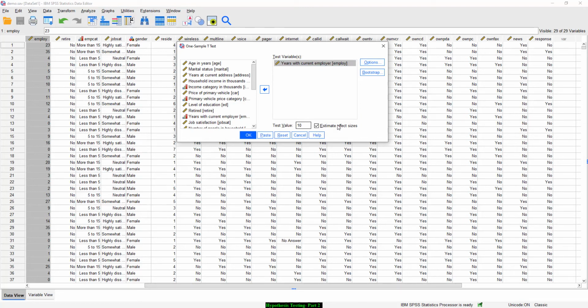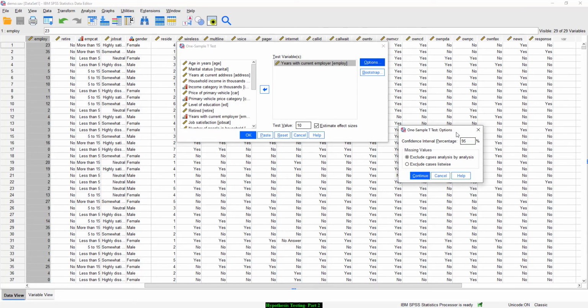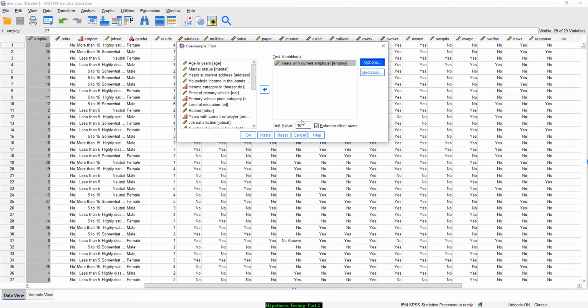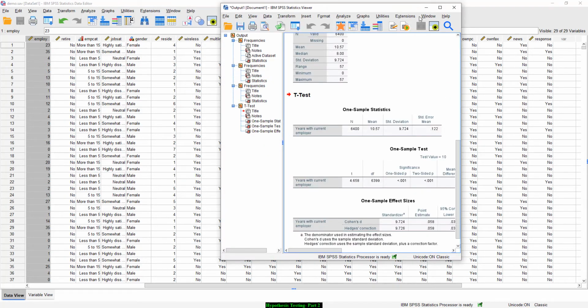My null hypothesis is mu equal to 10, and my alternative hypothesis is mu not equal to 10. In Options, I make sure I'm using a 95% confidence interval, so alpha is 0.05. Then I click OK and I will get the result.